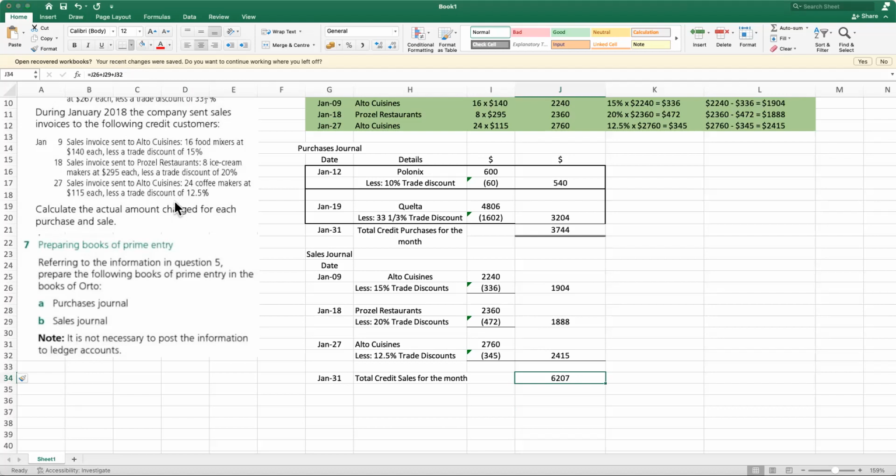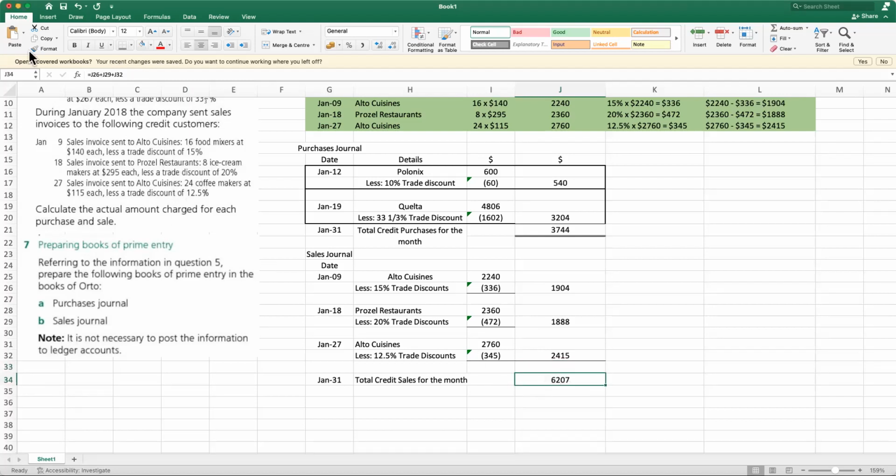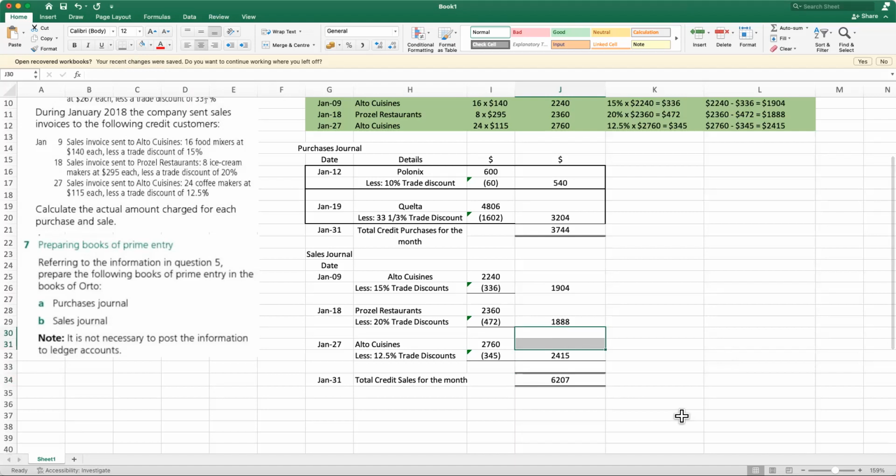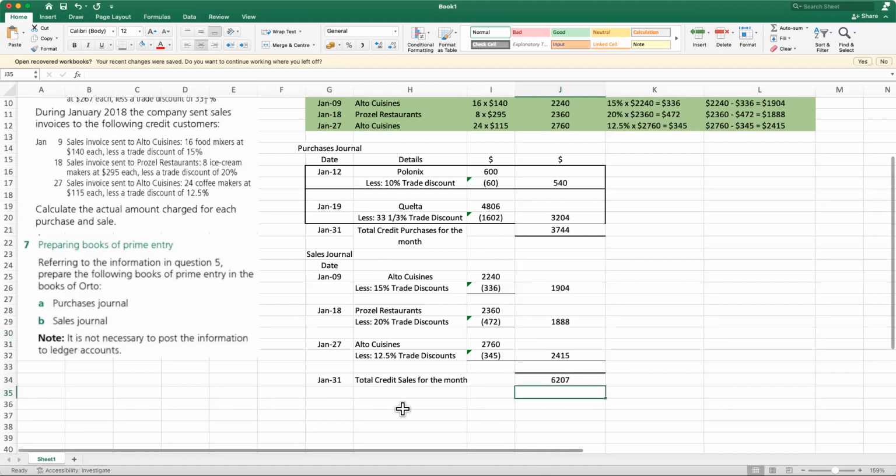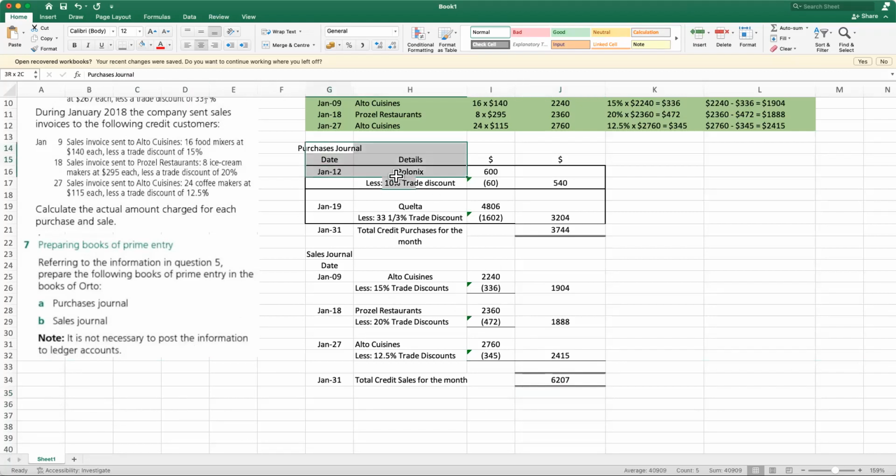And just have a double bottom line. Right? This is the total credit sales for the month. So it says that it is not necessary to post the information to your ledger accounts. So this is it. Once you're done with this, this is your purchases journal. This is your sales journal.